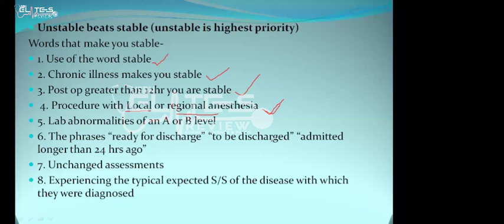So lab abnormalities which are not extreme, you don't bother yourself too much. It means there could be something among the options which will be the answer, but not someone who has a potassium level of, let's say, 3.4. Or even in the hypers, the upper boundary for potassium is 5.